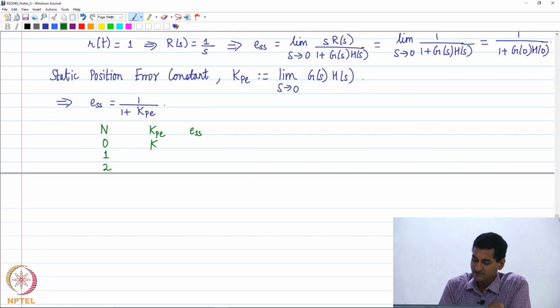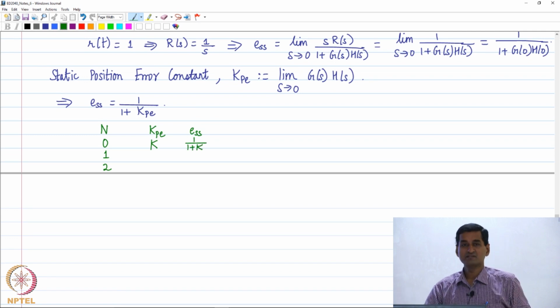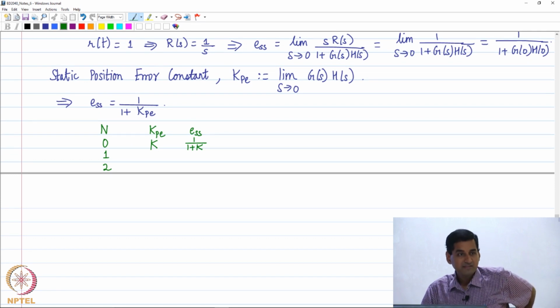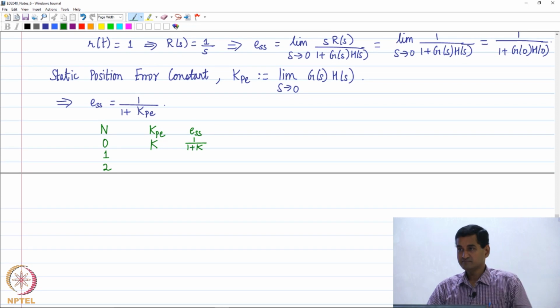We will encounter it later, okay. So that is what we are going to get, and as a result, the steady state error is going to be 1 divided by 1 plus K, okay. Is it clear how we got it as 1 divided by 1 plus K? Because KPE becomes equal to capital K.